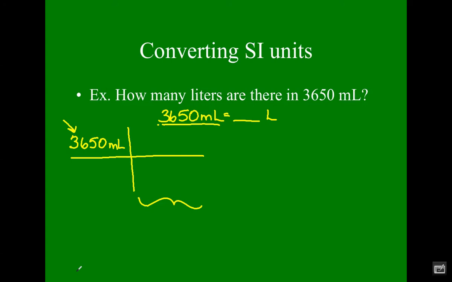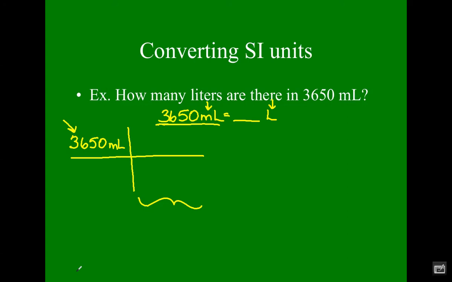On that half sheet of paper, I have a conversion factor that relates milliliters and liters. In the volume column, it tells you that 1,000 milliliters is equal to 1 liter. That is the conversion factor I'm going to use in the second spot.